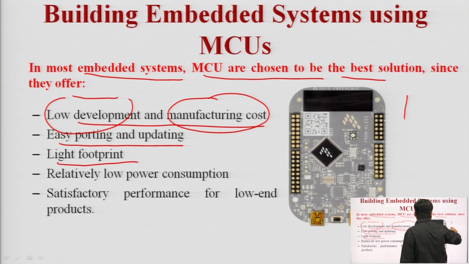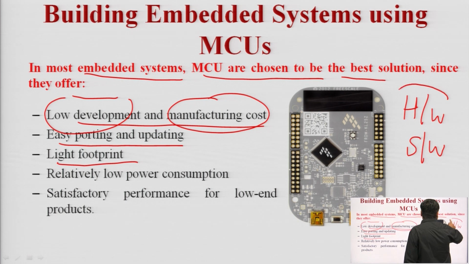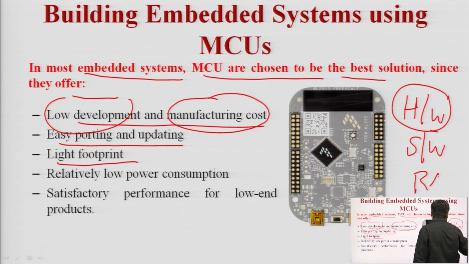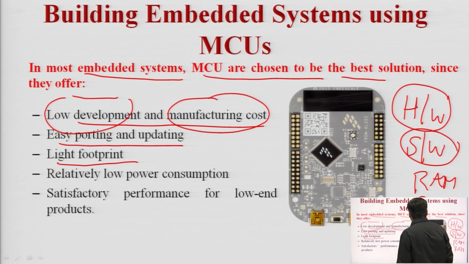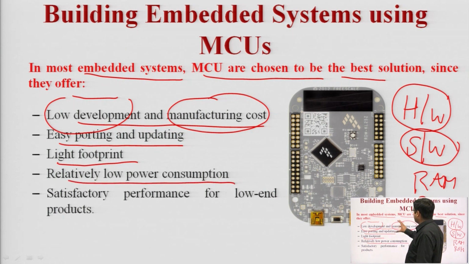We can say that it applies to both hardware and software, meaning it takes less memory space. On the hardware side, the RAM or ROM takes less space in memory, and the software also takes less space in the processor. So, these are the light footprints. Relatively low power consumption: by using microcontrollers, the power consumption is low as compared to general purpose systems.